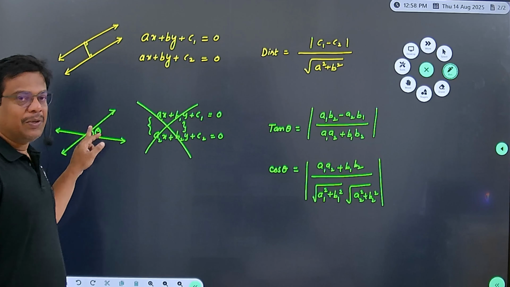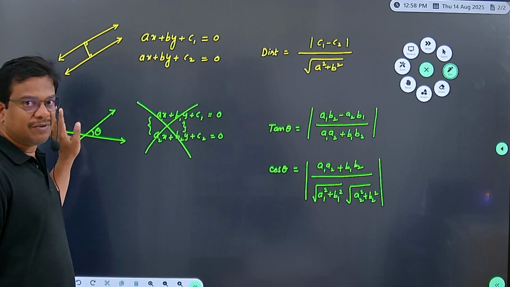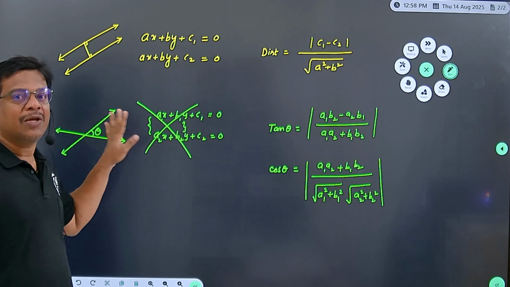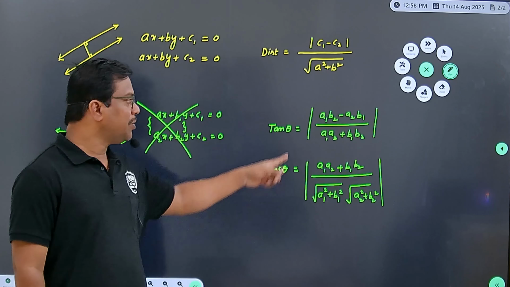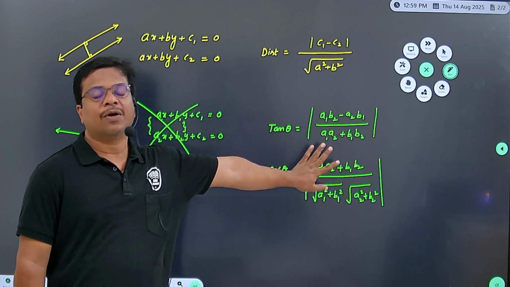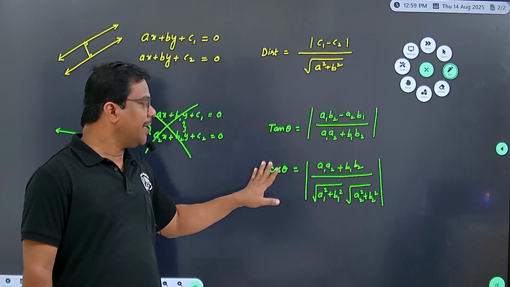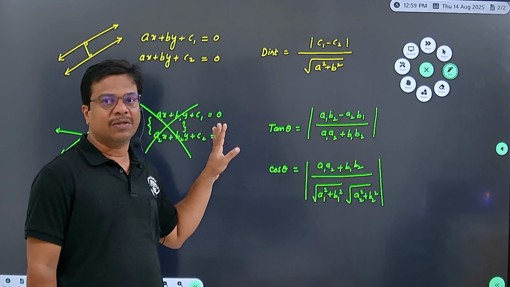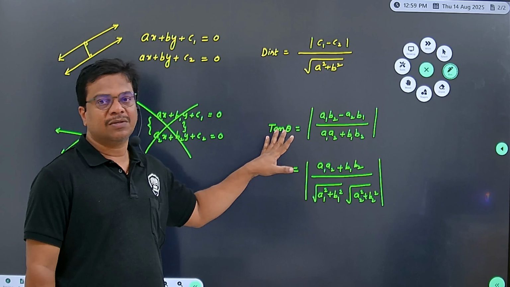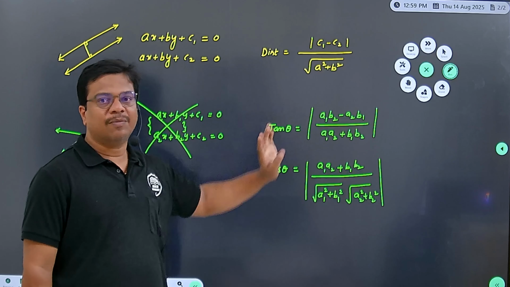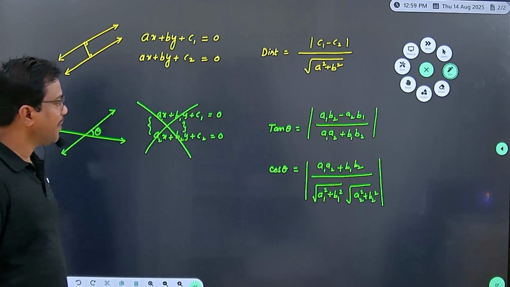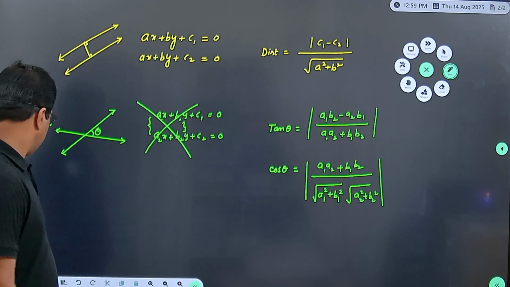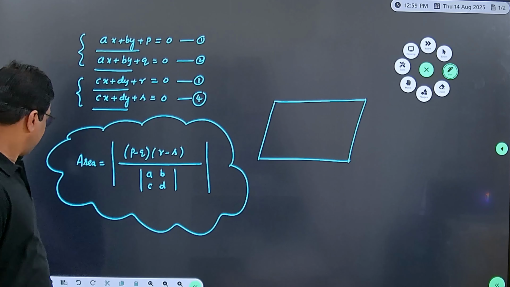Generally, both acute and obtuse angles are formed, but we define the acute angle as the angle between the lines. Since theta is acute, the result must be positive. Due to that reason, modulus is applied. Now, with the help of these two results, you can prove this one.